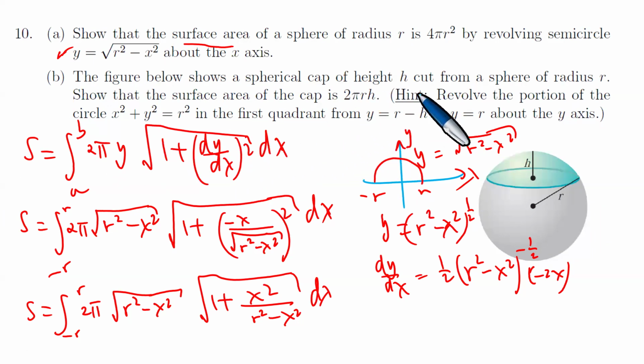The hint is to revolve the portion of the circle x squared plus y squared equals r squared in the first quadrant from y equals r minus h to y equals r about the y-axis. So it is the same thing. And let us see what we need to do there.